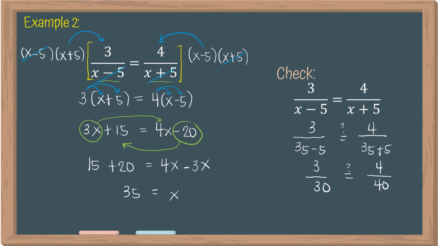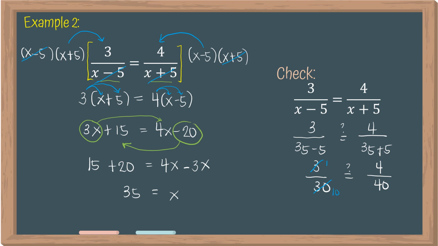So, as you can see here, we have two fractions, but both of them can be simplified and written in lowest terms. We can see on the left side, the 3 and the 30 are both divisible by 3. So, let's do that. 3 divided by 3 will be 1, and 30 divided by 3 will be 10.